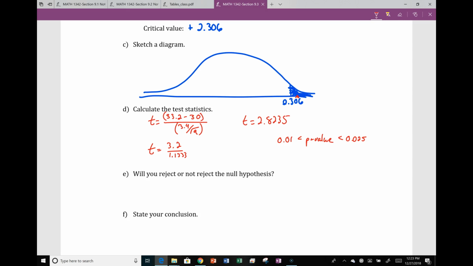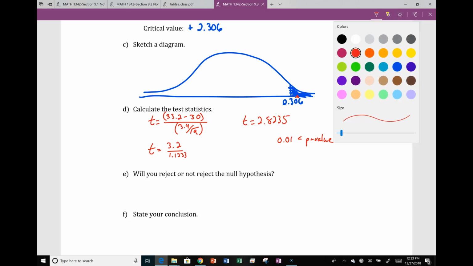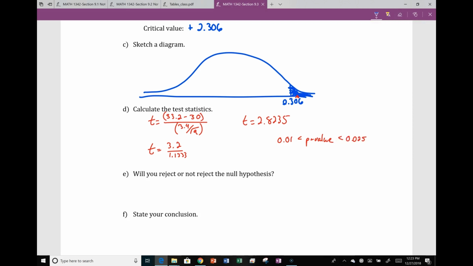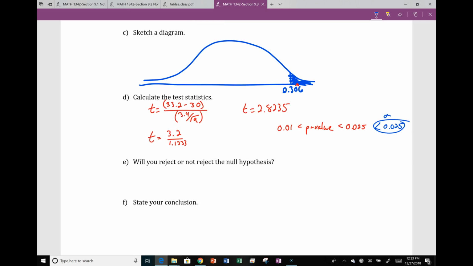Comparing this to the alpha, you'll notice that our alpha of 0.025 is equal to this one, but it's actually greater than this one, and our p-value is somewhere between. So our alpha is actually larger, the p-value is less than our alpha, so reject the null hypothesis.